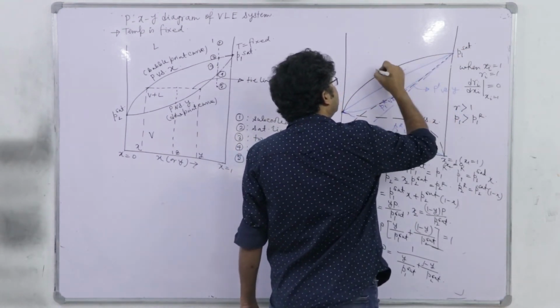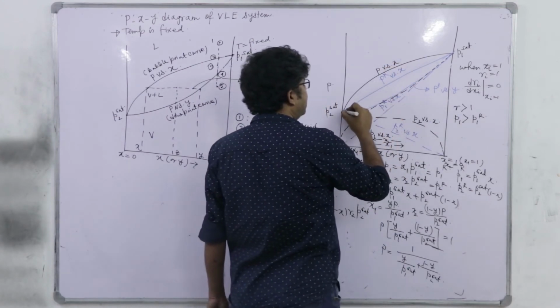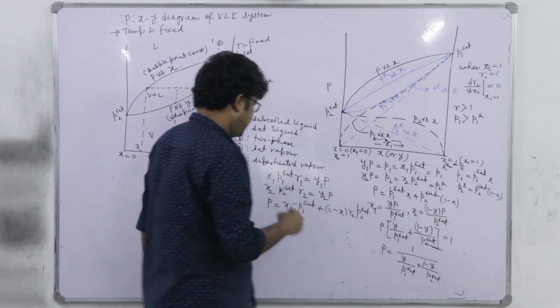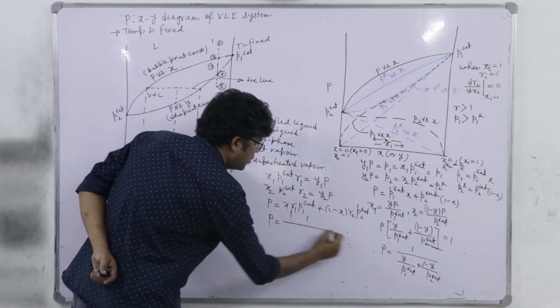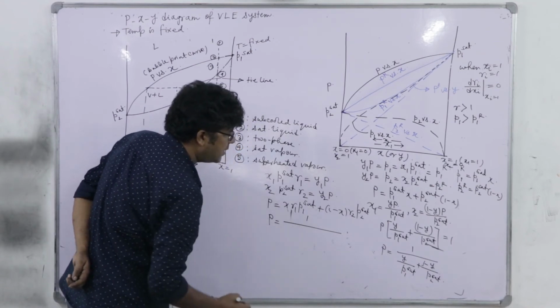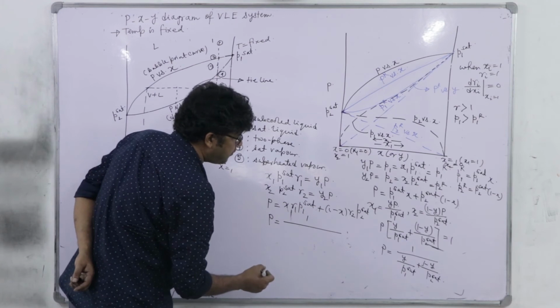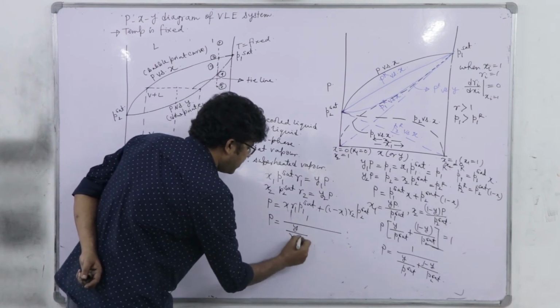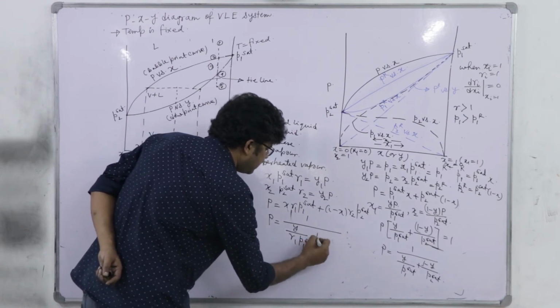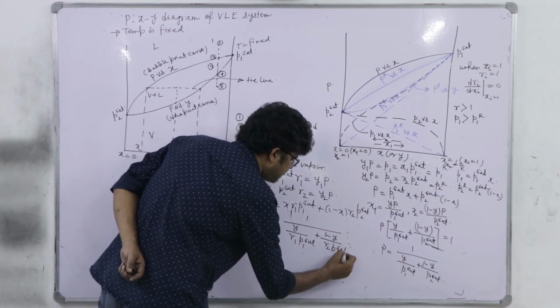like this. This is P, actual P versus x, and for y, the same technique we can apply, that P is equal to 1 divided by y divided by gamma 1 P1 sat plus 1 minus y divided by gamma 2 P2 sat.